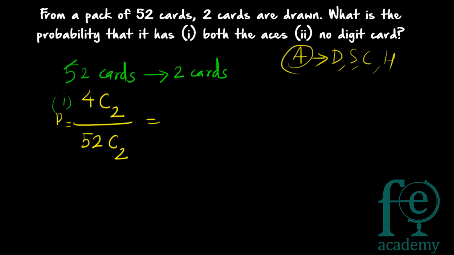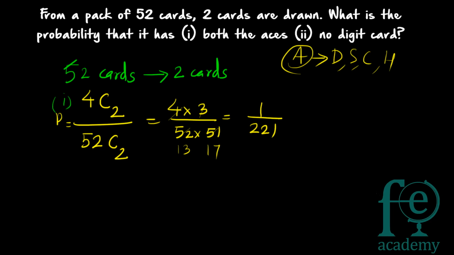So probability will be 4C2 divided by 52C2, which gives you 4 into 3 divided by 52 into 51. So what you will be getting? It will be equal to 1 divided by 221. So 4 by 52 you will be getting 13 and 3 by 51 you will be getting 17. So 17 into 13 is equal to 221. So 1 by 221 will be your answer.